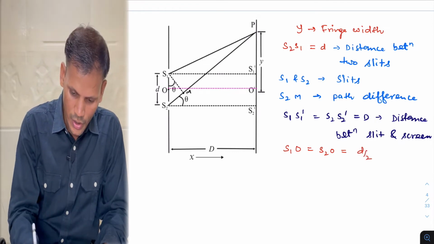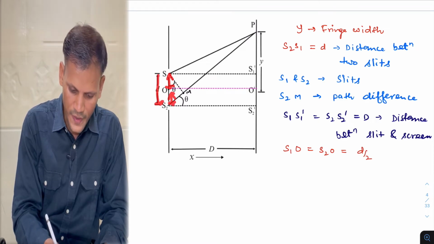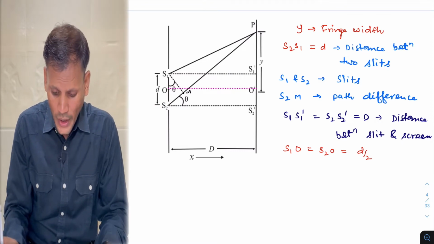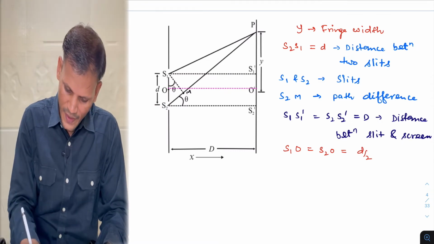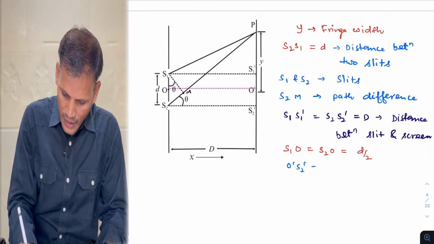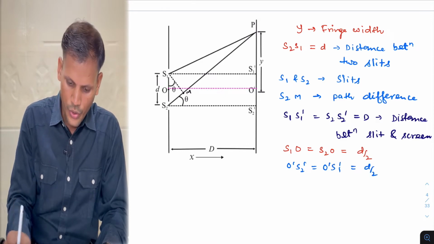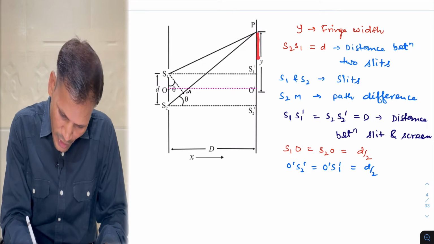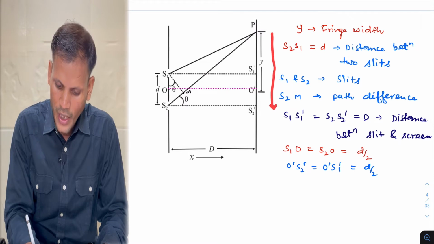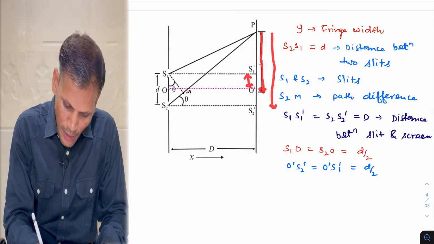Of course this term is d by 2, this term is d by 2, because the overall distance is d. Further, O dash S2 dash equals O dash S1 dash equals d by 2. So a very important point is what will be this distance and what will be this distance, that is to be calculated, because this distance is y and this distance is d by 2.